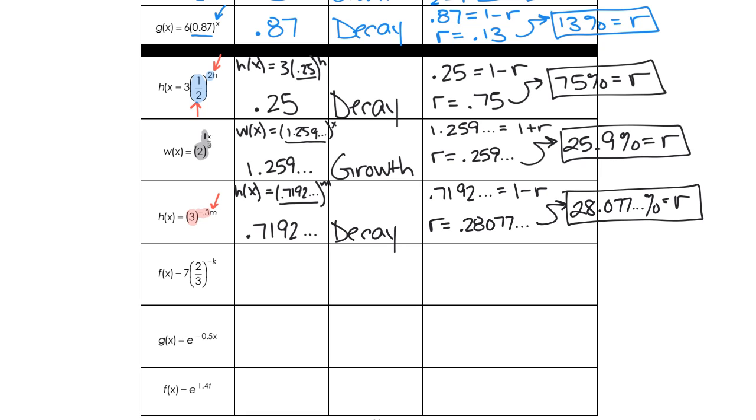Okay, hopefully you're getting the hang of this. So next one, even though that's a k up in the air, the negative on it is going to change my base. So we're going to go ahead and highlight that negative. However, you have to know that that's technically a negative 1, and we'll highlight the negative 1 so that we can put it in our calculator and our 2/3. Okay.